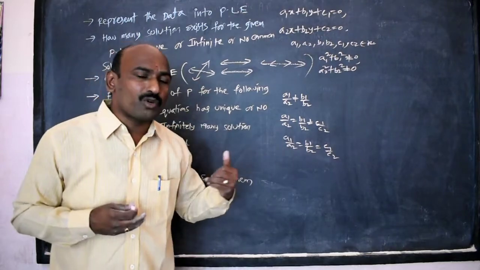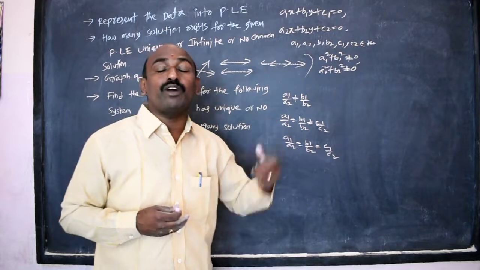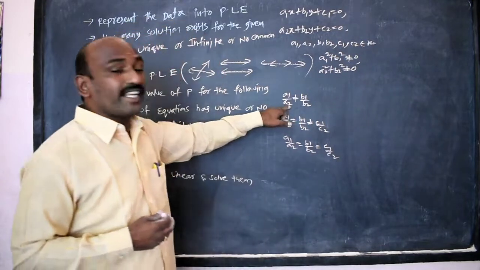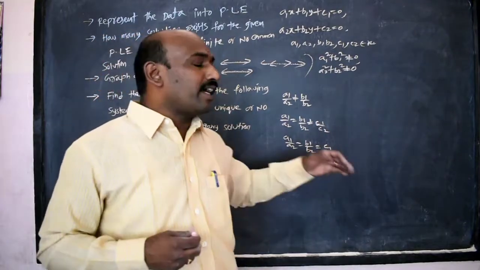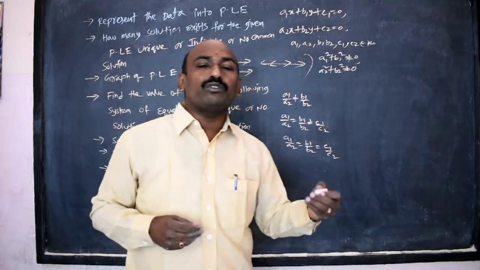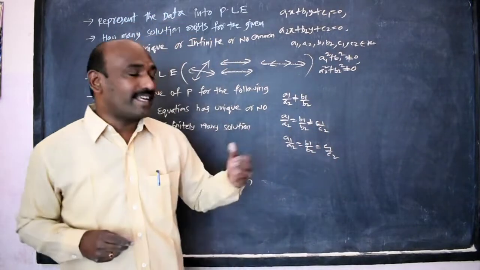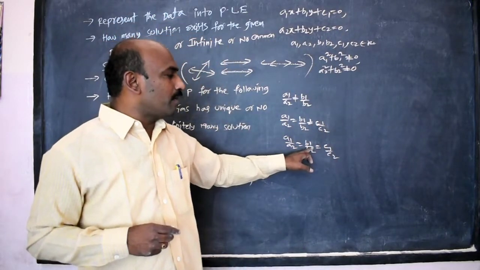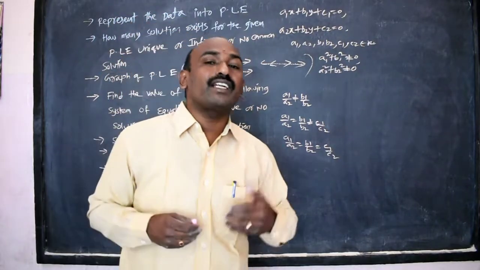If a1 by a2 is not equal to b1 by b2, there is a unique solution, one common solution. If a1 by a2 equals b1 by b2 but is not equal to c1 by c2, there is no solution; those are parallel lines. If a1 by a2 equals b1 by b2 equals c1 by c2, there are infinitely many solutions.